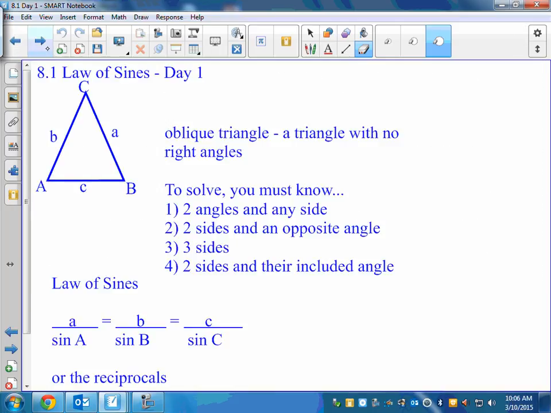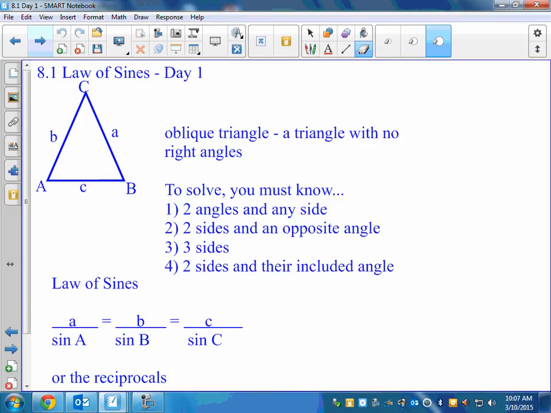Okay, here we go. So I drew this lovely oblique triangle. I drew an acute oblique triangle, but it could be obtuse. And notice I label the sides A, B, and C, and I label the angles across from them with capital letters.